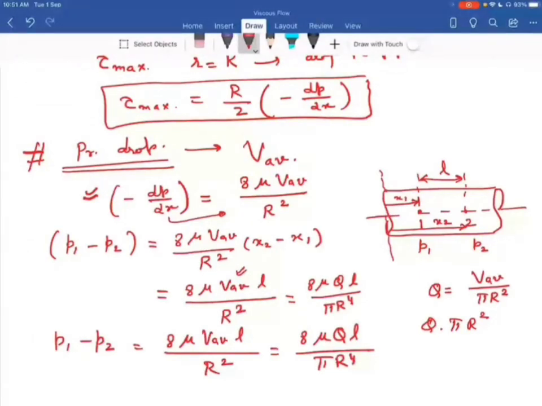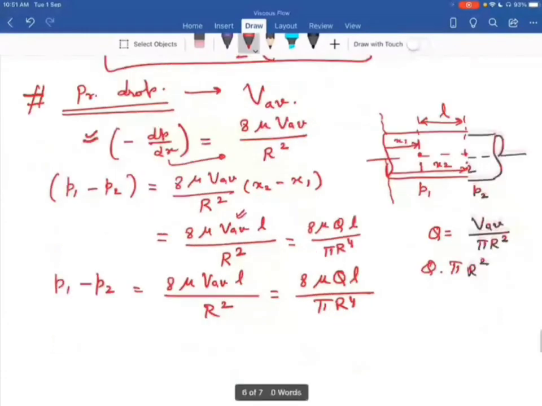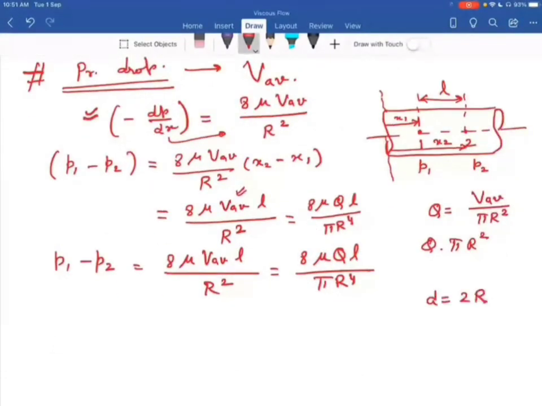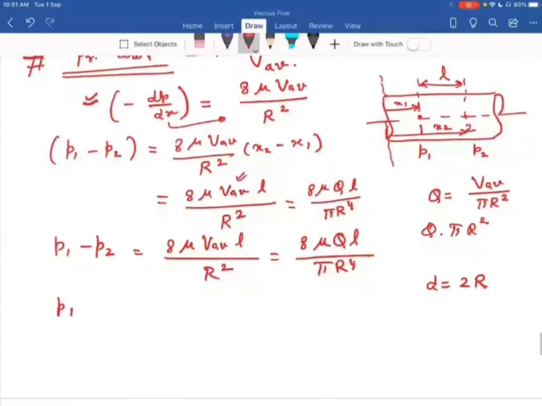You can also write in terms of diameter. So diameter of the pipe is 2 times R. So again, you can write P1 minus P2 equal to 32 mu V average into L divided by D square.